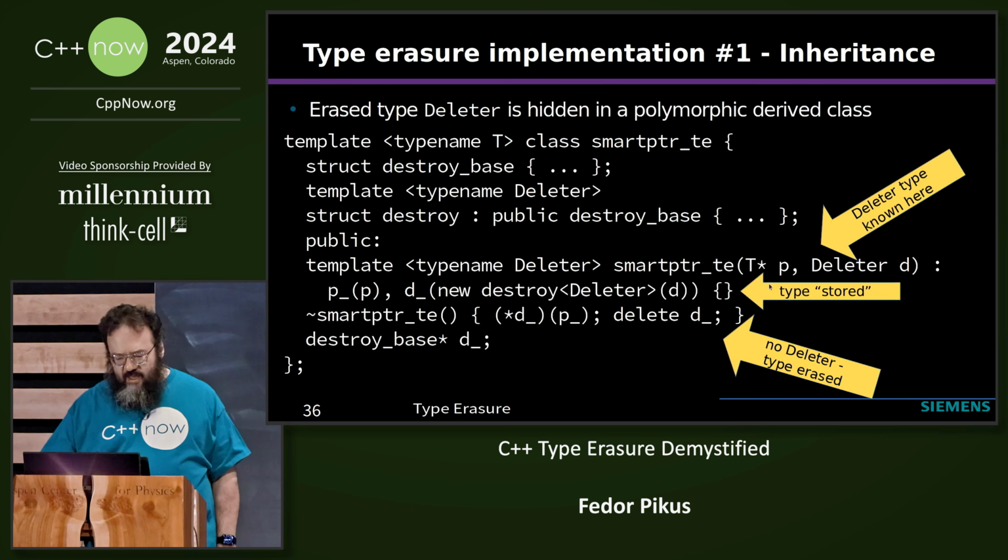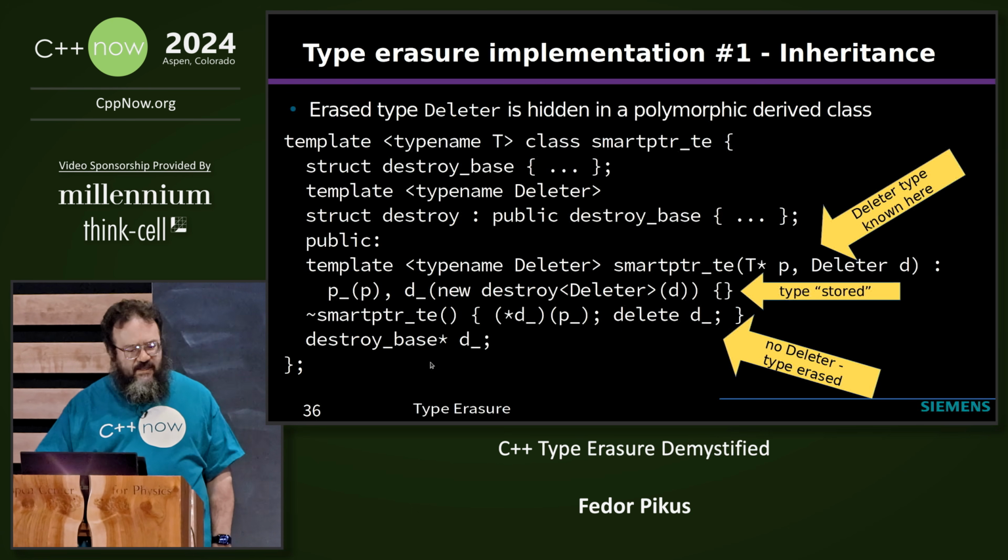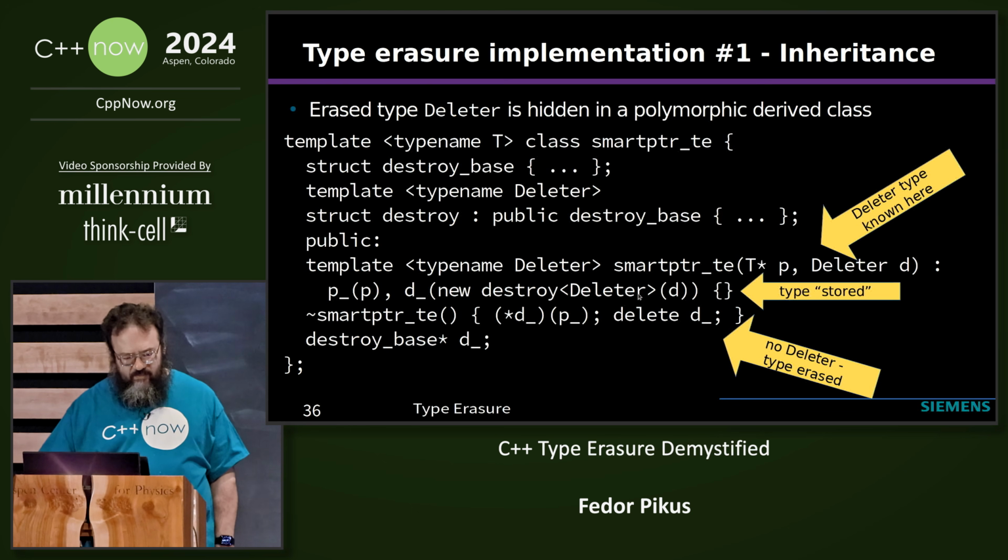So I take the T star, I take the deleter, and inside my smart pointer class I'm going to have a pointer which is destroy base. It's a base class pointer, and does not depend on the deleter type. I can initialize it with any derived class. The derived class that I'm hanging on this pointer knows what the deleter is.